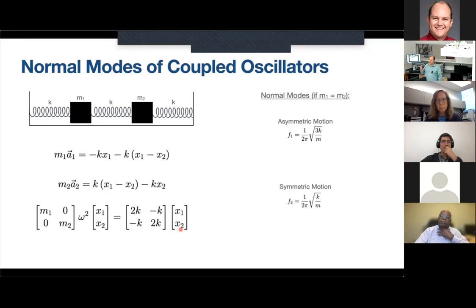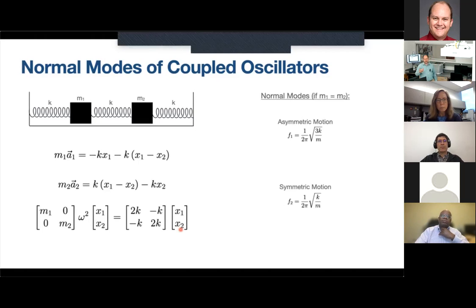What you get out of this is that there are two what are called normal modes of oscillation. If the two masses are equal and all the spring constants are equal, you get an antisymmetric mode where the two masses move exactly out of sync with each other, at a single frequency but always in opposite directions, with frequency 1/2 pi times the square root of 3k over m.